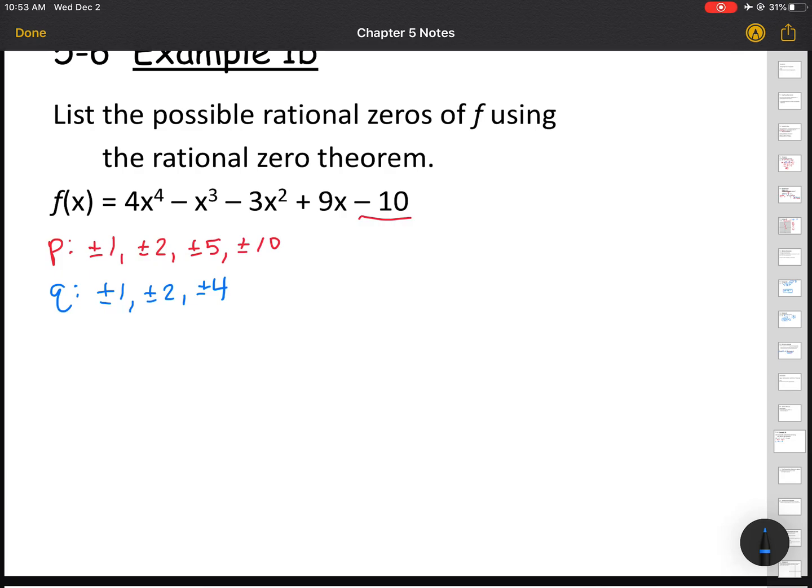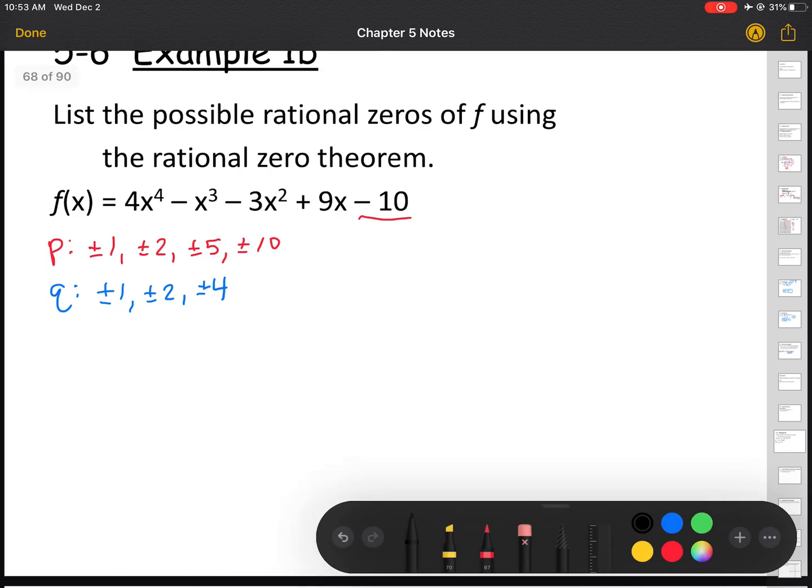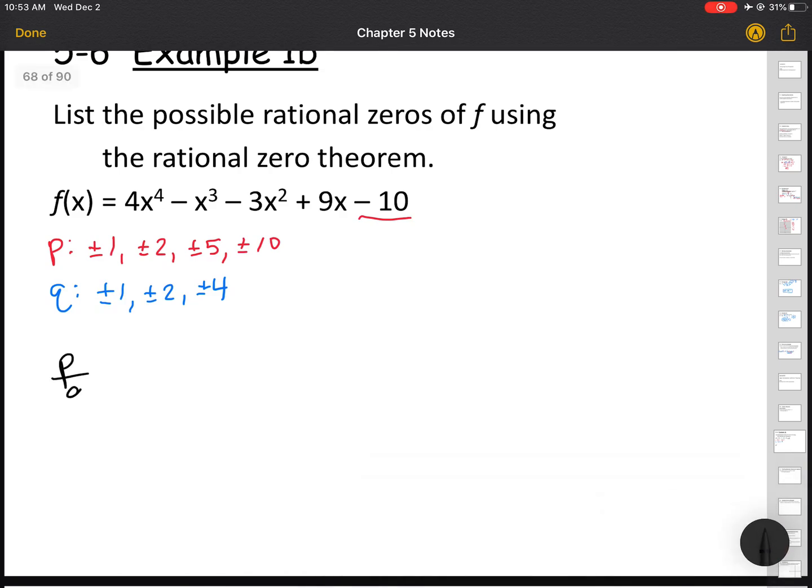Okay, and now we're going to list them out as fractions, p over q. If we put each p on top of q, that is going to be positive or negative 1, and then positive or negative 2.